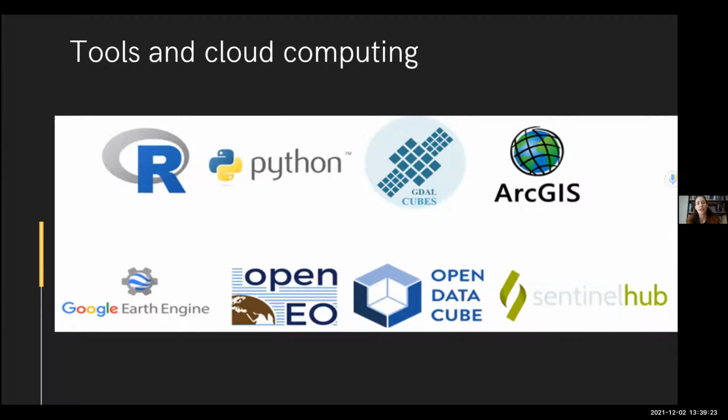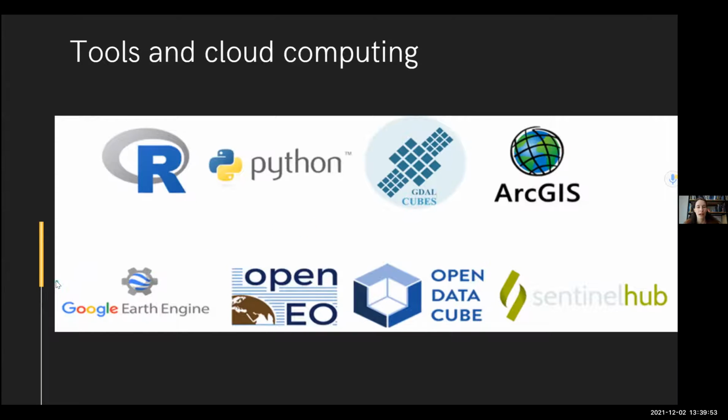And if we are also familiar with the open source line in GIS, for sure you know GDAL. That is a very, very common library because we use it every time that we read different formats of data. Now GDAL has an extension for GDAL cubes also.